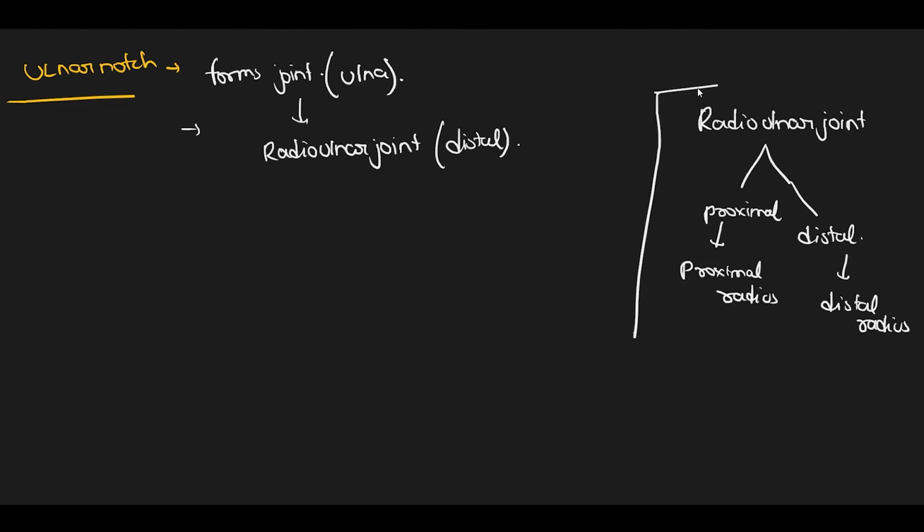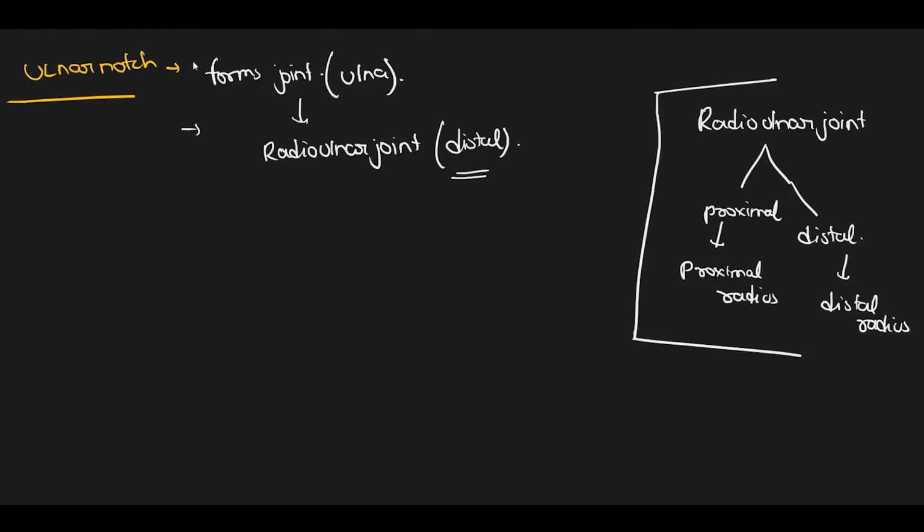Okay, keep this part aside and let's discuss our main topic. So this ulnar notch forms a joint with the ulna bone. This joint is called the radioulnar joint. Which radioulnar joint? The distal radioulnar joint.